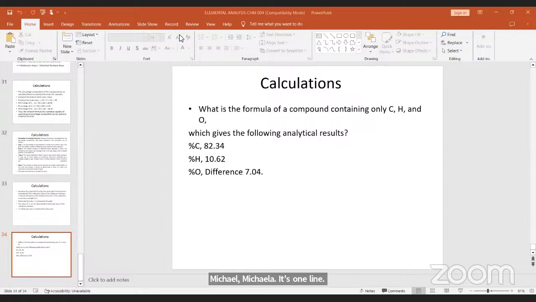Sir, please, what's the meaning of the difference between the 7.04? Which one is 7? Michaela, are you asking it? I can't see your question.